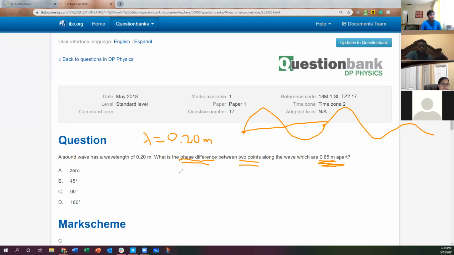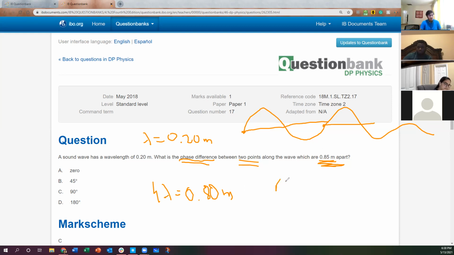What that means is after covering 4 lambda, where am I going to end up? I'm going to end up at 0.80 meters, correct? So this is like working out remainders. The reason why I went to 0.80 was that 5 lambda would have been too big. So I want to find how many lambdas I have, and then how much leftover I have.